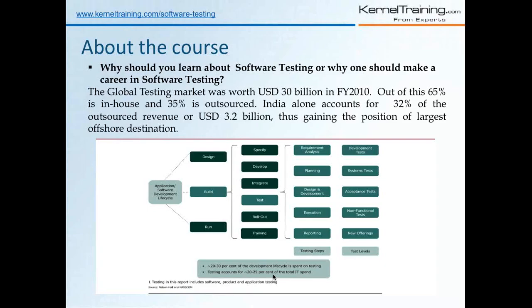For example, if a company is spending 100 rupees on IT, out of that 100 rupees, 20 to 25 rupees they are putting only on testing. So testing is so important for any company today, and this helps you take a decision whether I should make my career in software testing or not.